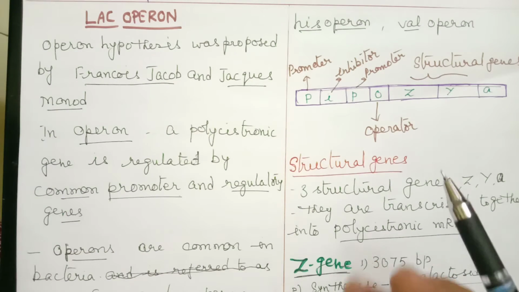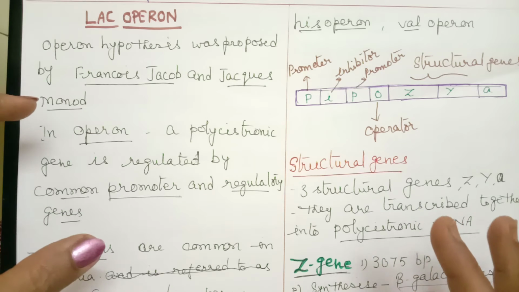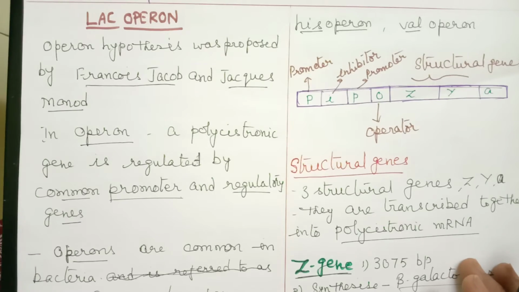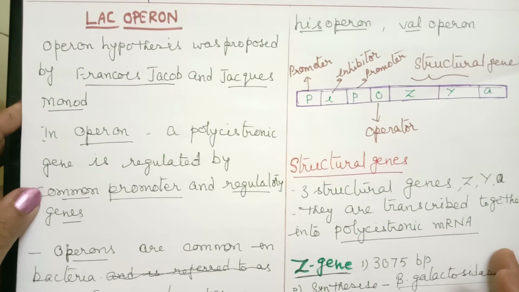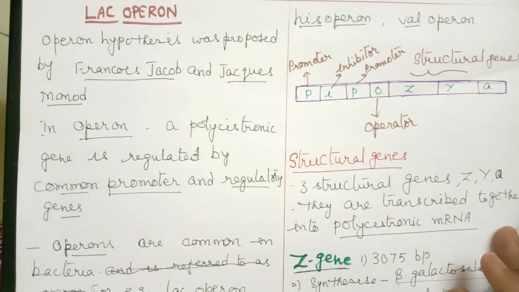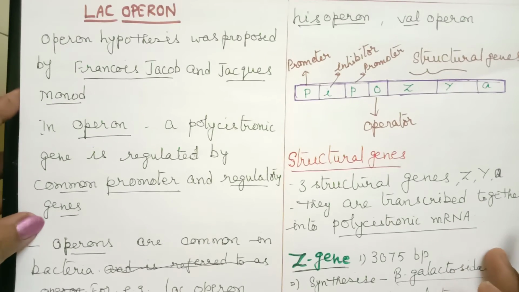In an operon, there is a cluster of genes which will control a polycistronic gene. What is a polycistronic gene? A gene which can synthesize more than one protein, all performing the same function. That is called a polycistronic gene.